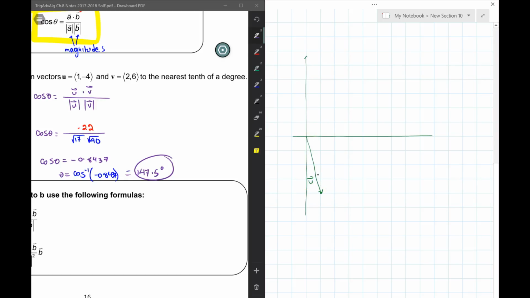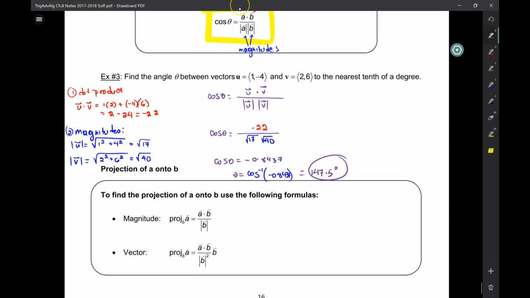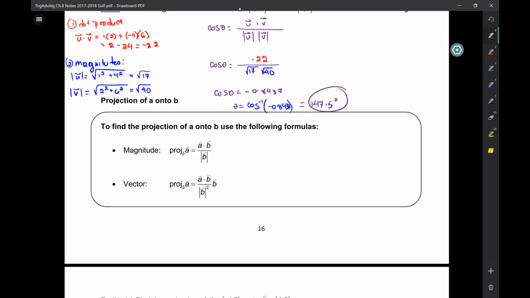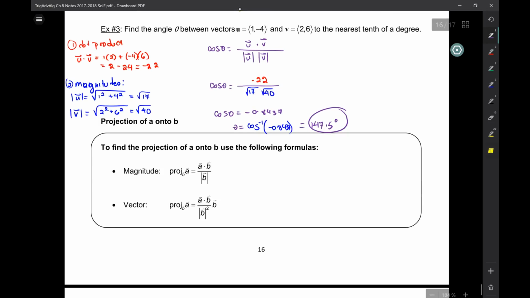And V is 2 and 6: 1, 2, 3, 4, 5, 6, right there. Does it make sense that this angle is 147.5 degrees? It does, so always have that in the back of your mind and just visualize it. That's how to find the angle.